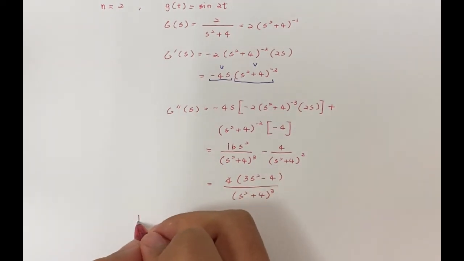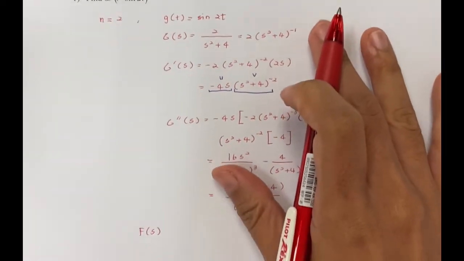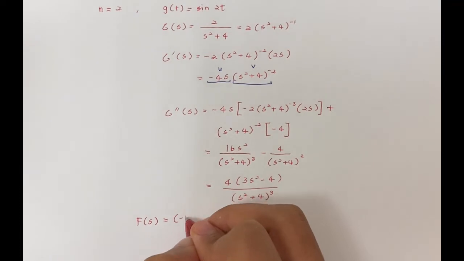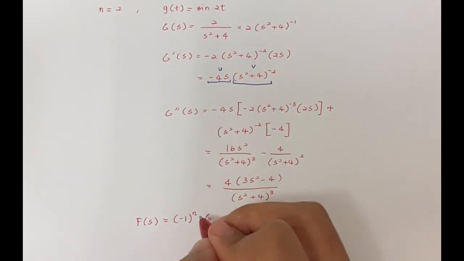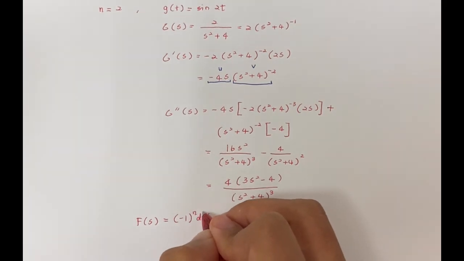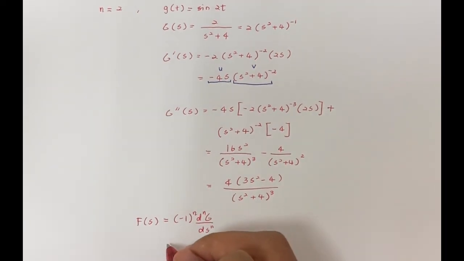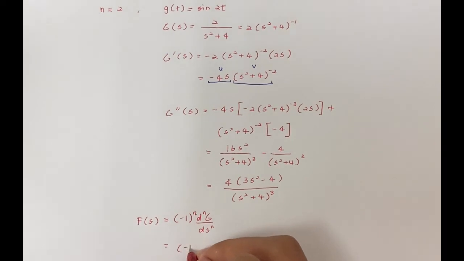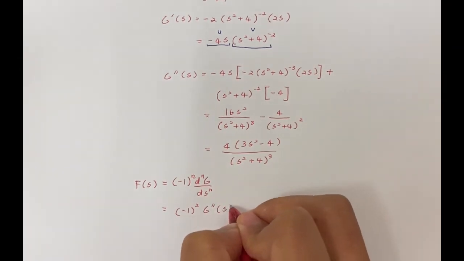F(s), the Laplace transform for this function, is equal to negative 1 to the power of n times d^n G divided by ds^n. Since n is equal to 2, we have negative 1 squared, and then we have G double prime(s).